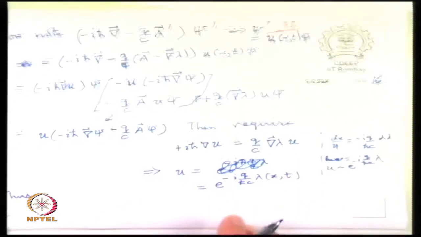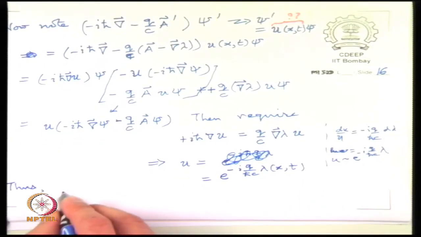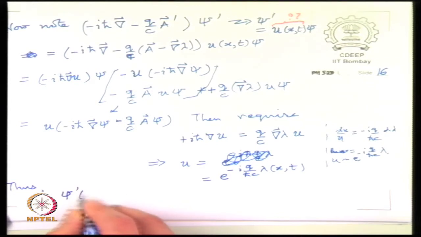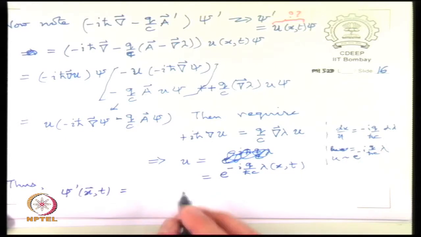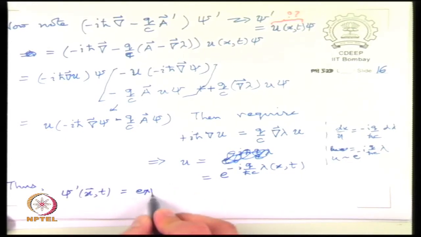So I pick a u of x, t, and psi prime of x, t equal to u times psi.